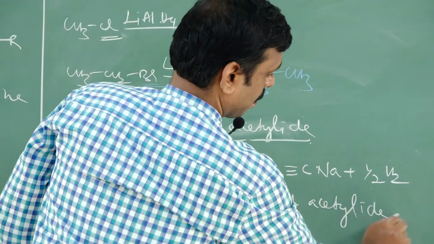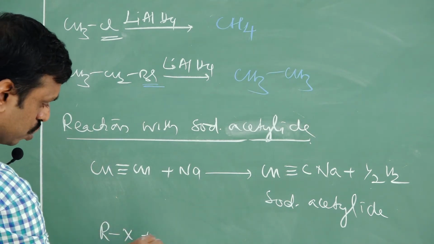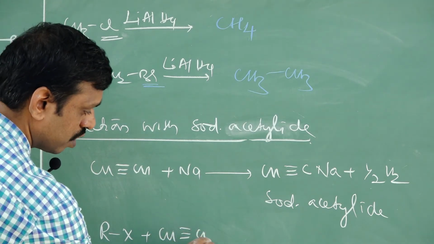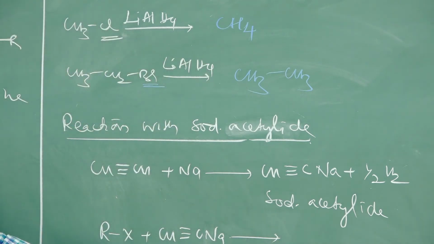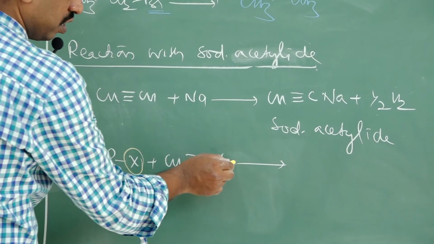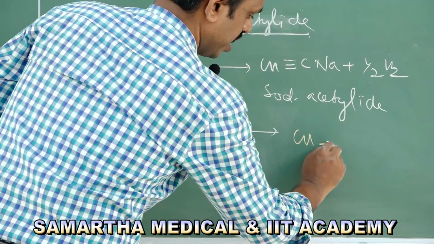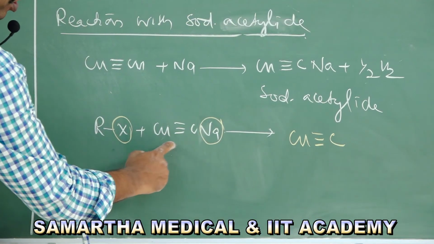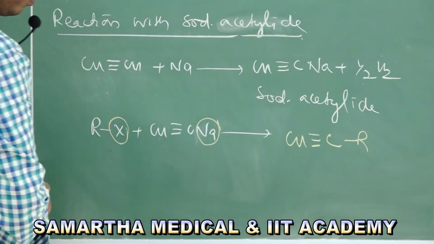Okay, now let's see how alkyl halide RX reacts with sodium acetylide. Let us take alkyl halide RX reacting with sodium acetylide. What is removed? Here is X, here is Na. NaX is removed. Then the product is CH triple bond C as it is, and R gets substituted here.